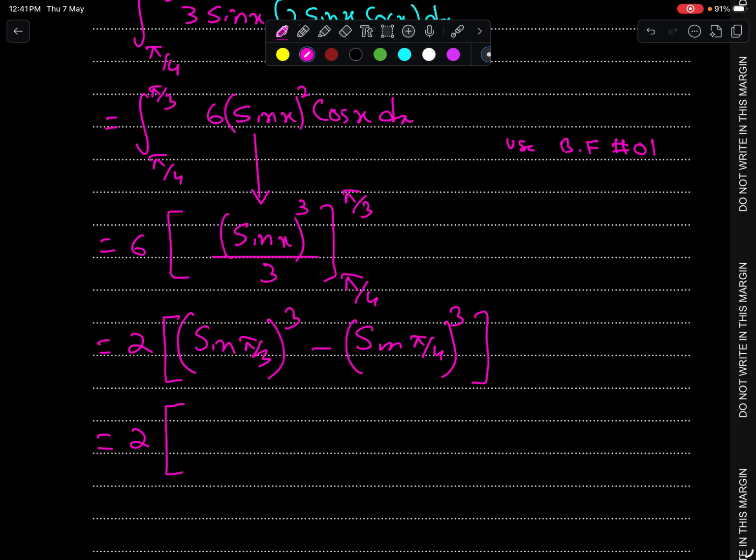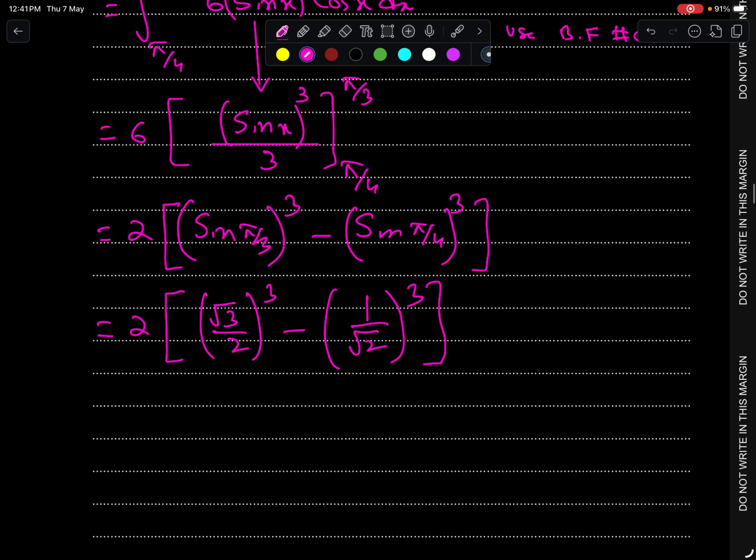Sine pi by 3 is root 3 upon 2. Sine pi by 4 is 1 upon root 2. Root 3 cube is 3 root 3 and 2 cube is 8.